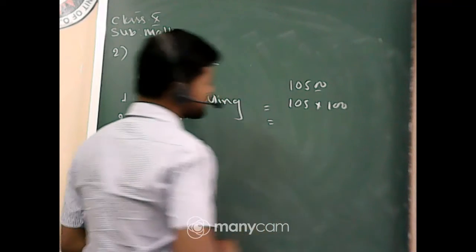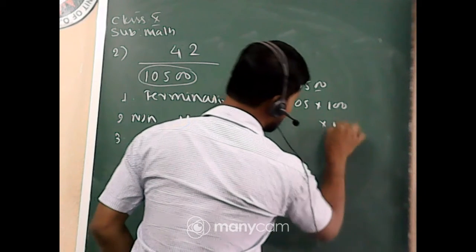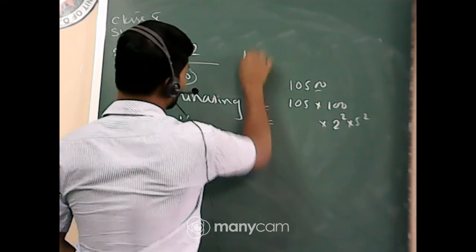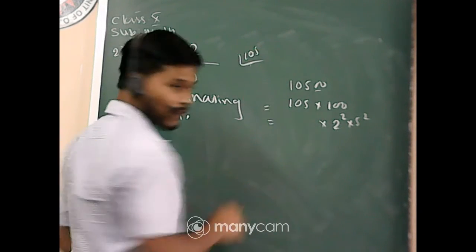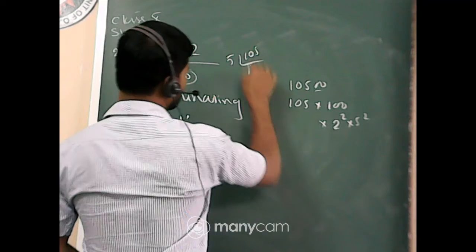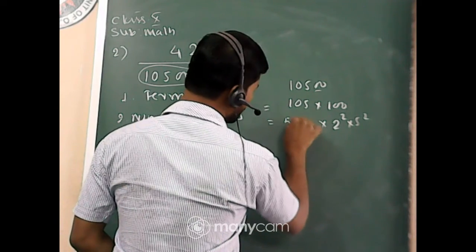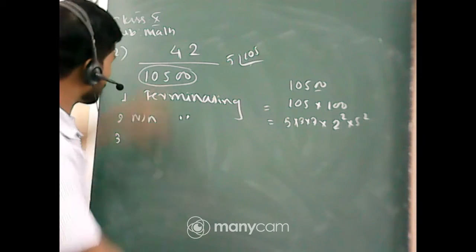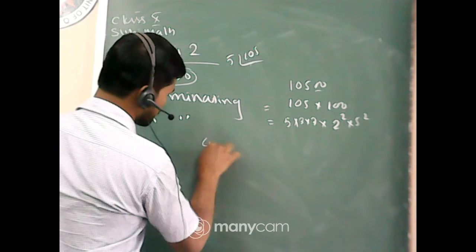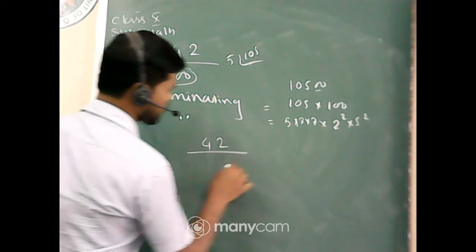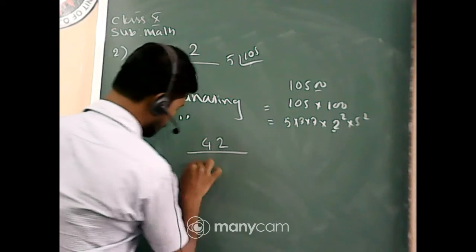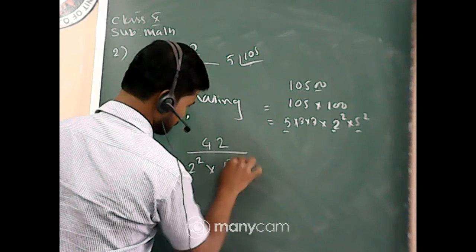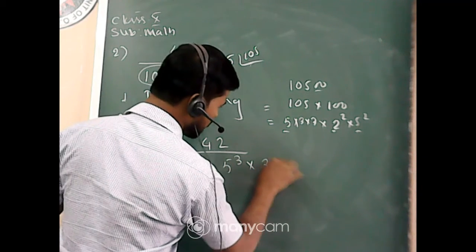That means this term is actually 2 square into 5 square, and for 105, if I factorize it, it is 5 into 3 into 7. Okay, so we can write this number as 42 by 2 to the power 2 into 5 to the power 3 into 3 into 7.